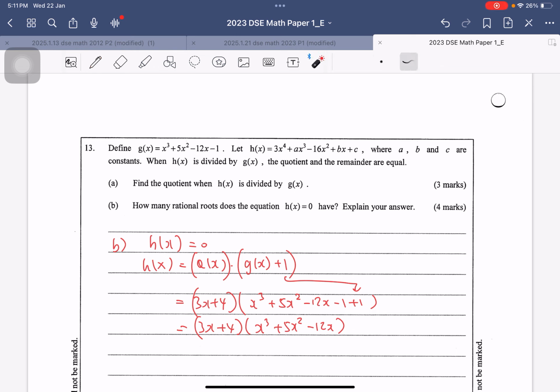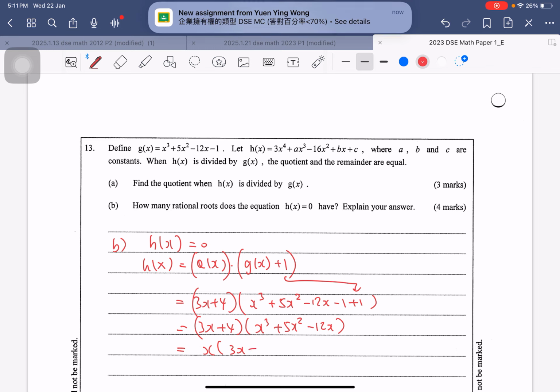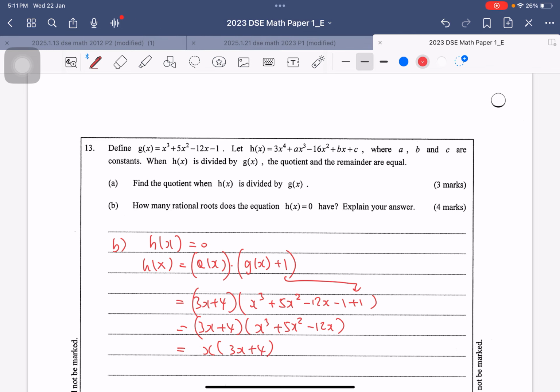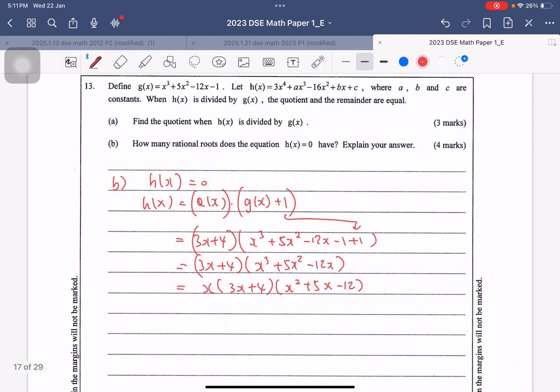And now we can take out the x as the common factor. So we have x times 3x plus 4, then we have x squared plus 5x minus 12. Then using your formula, it's giving you some ugly numbers, isn't it? Then we can just leave it like this.